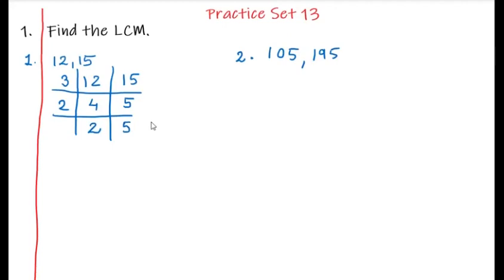So we will write here LCM is equal to 3 multiply by 2 multiply by 2 multiply by 5. So 3 2's are 6, 2 5's are 10 and 6 10's are 60. Therefore, 60 is the LCM of 12 and 15.